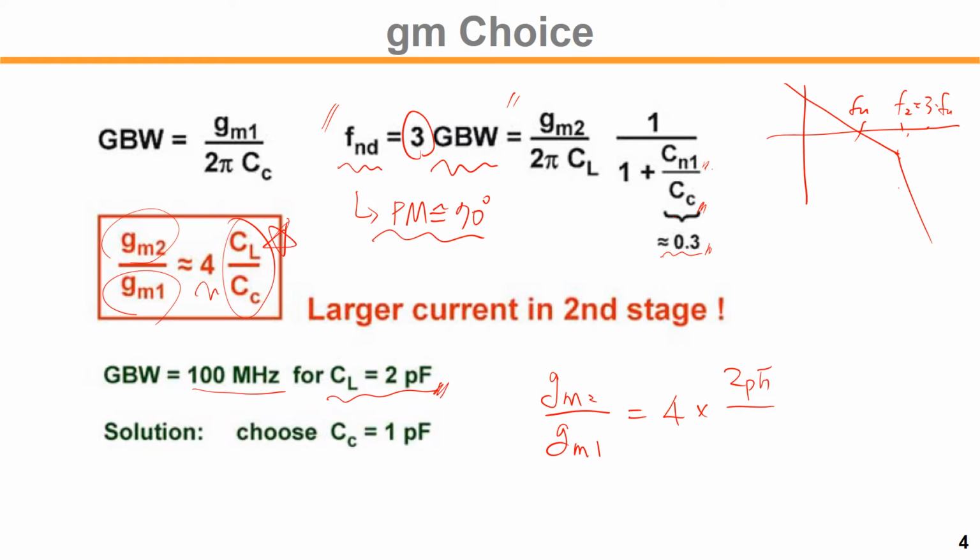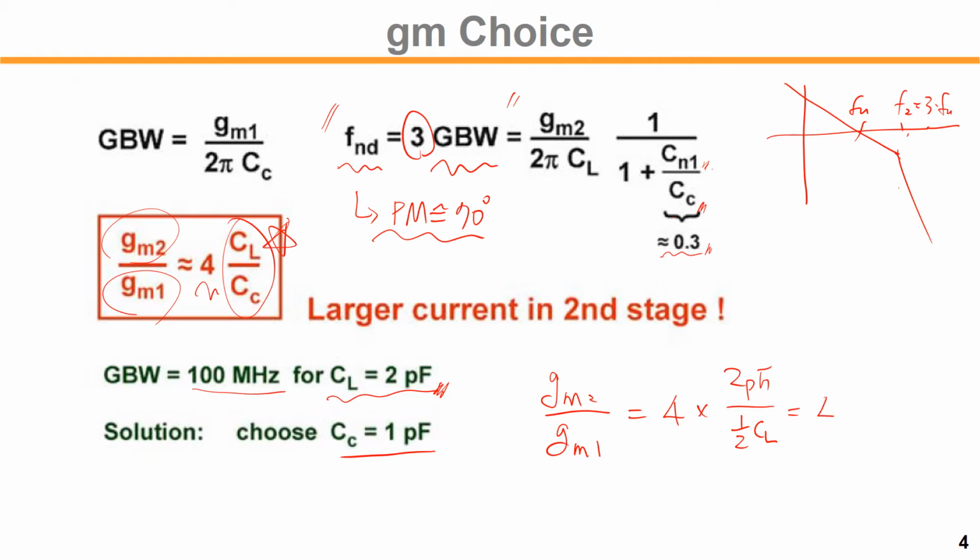Because the load capacitance is 2 picofarad, to drive the 2 picofarad, you would like the compensation capacitance to be less than the CL load capacitance to save area. So let's make it half of CL, which gives us good area efficiency.